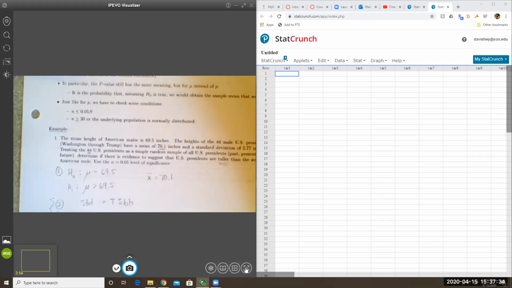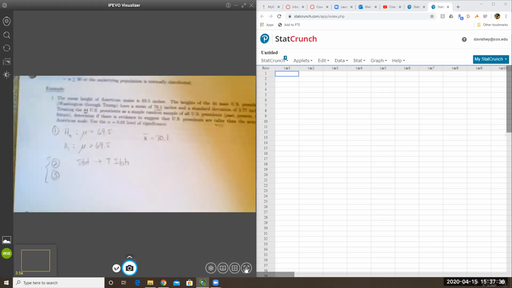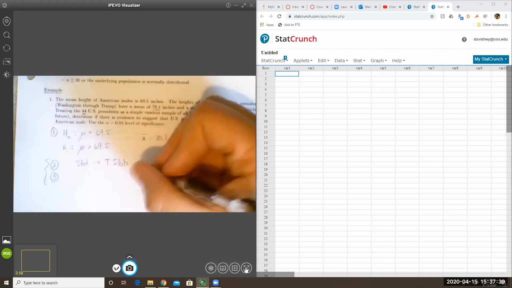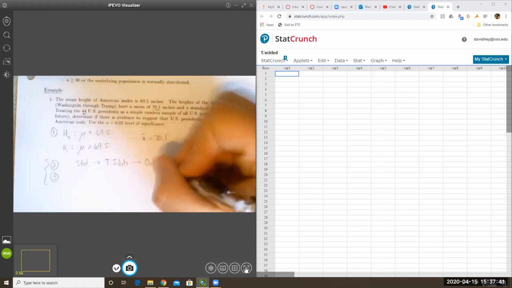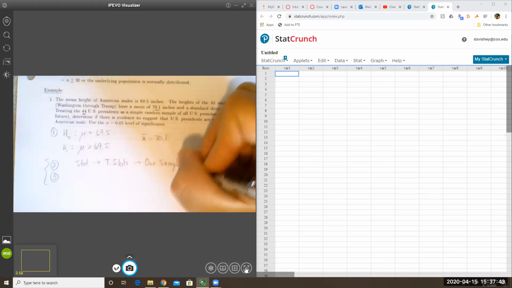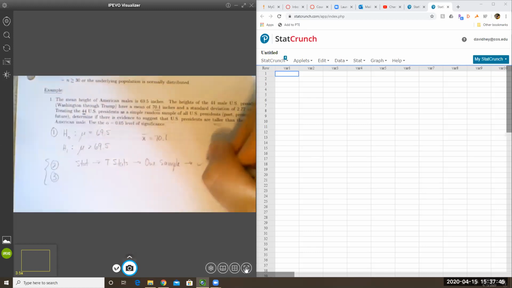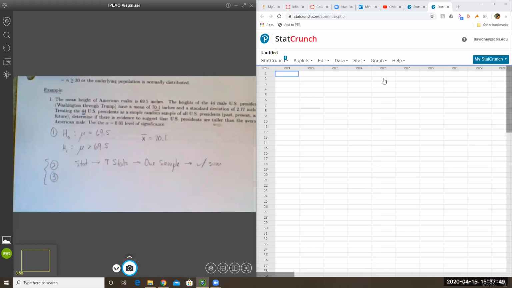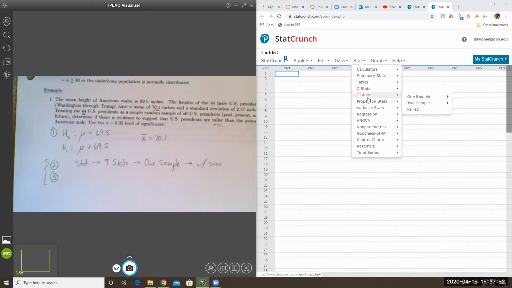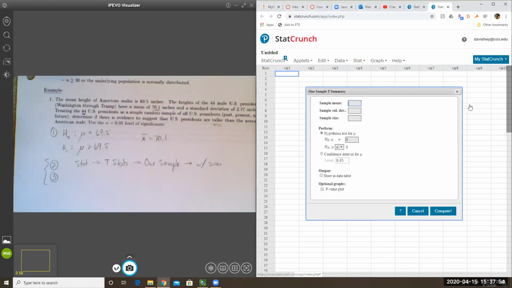Now we're going to stat, t-stats, because we're testing means in this section. We're going to go stat, t-stats, one sample with summary. Let's see what we're prompted for when we do that. So stat, t-stats, one sample with summary. Ooh, we're prompted for the sample mean.